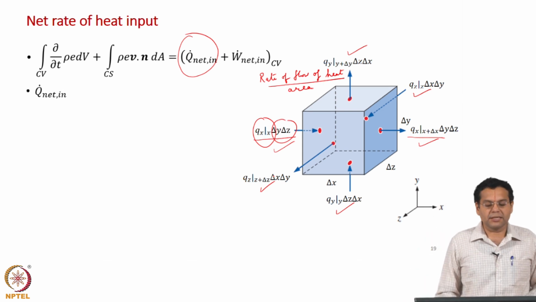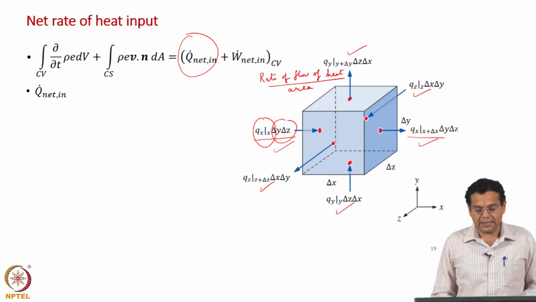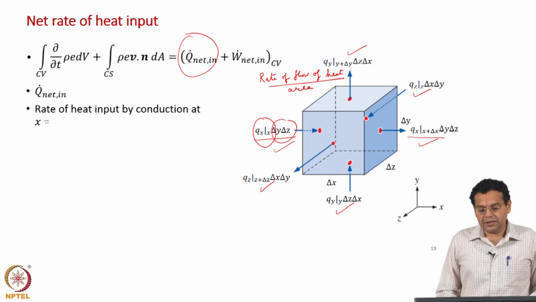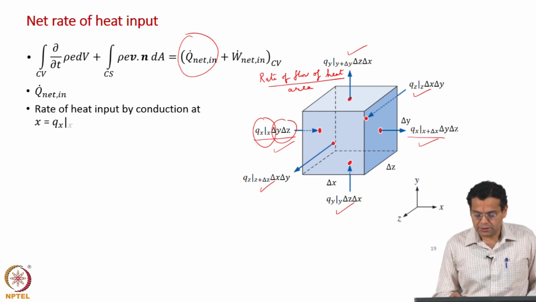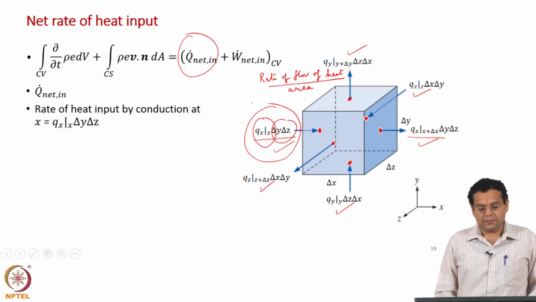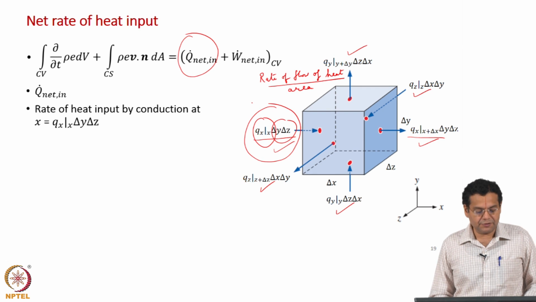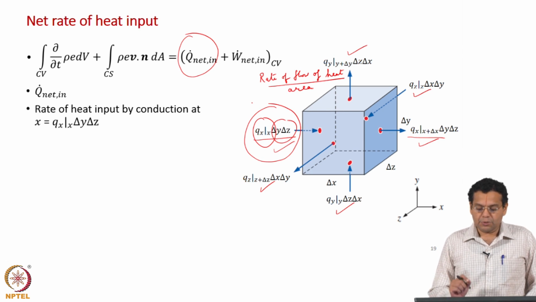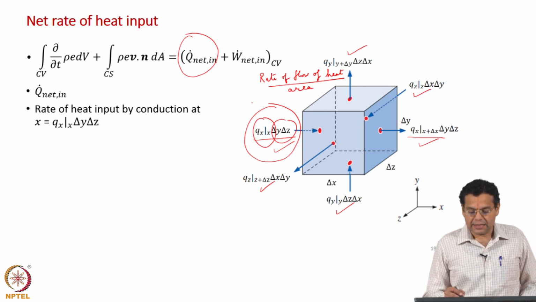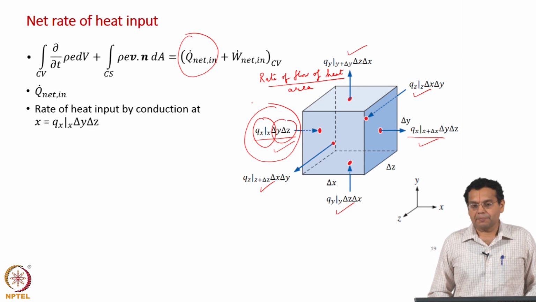So, our focus is on the net rate of heat input or heat addition. Rate of heat input by conduction at x: we are representing this term as qx at x into delta y delta z. Once again I want to specify that qx represents heat flux in the x direction due to conduction, and flux is always any quantity per time per area.